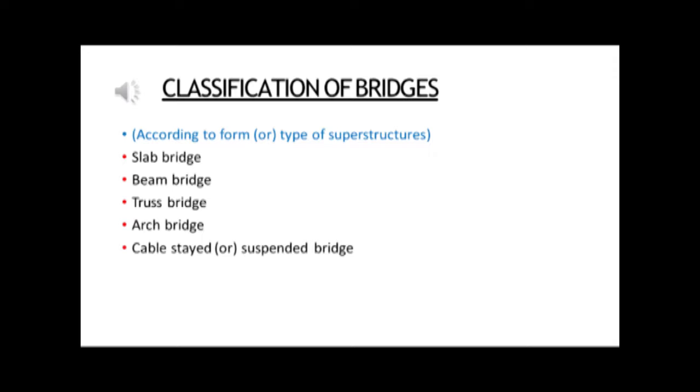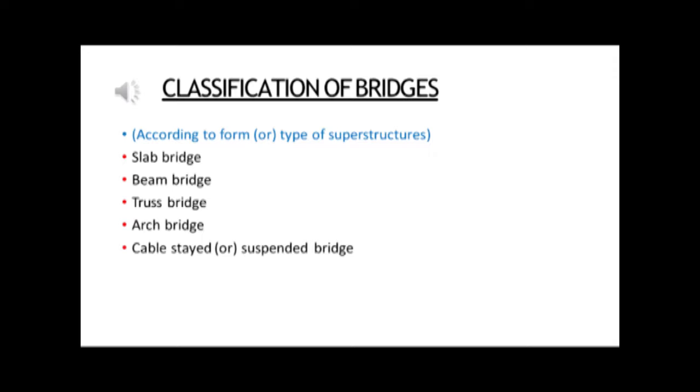Here we have slab bridges, beam bridges, truss bridges, arch bridges, and cable-stayed or suspended bridges. A slab bridge is a simple deck slab provided from end to end, resting from one pier to another. For beams, we provide I-section or T-section beams resting from one pedestal to another, from one pier to another.